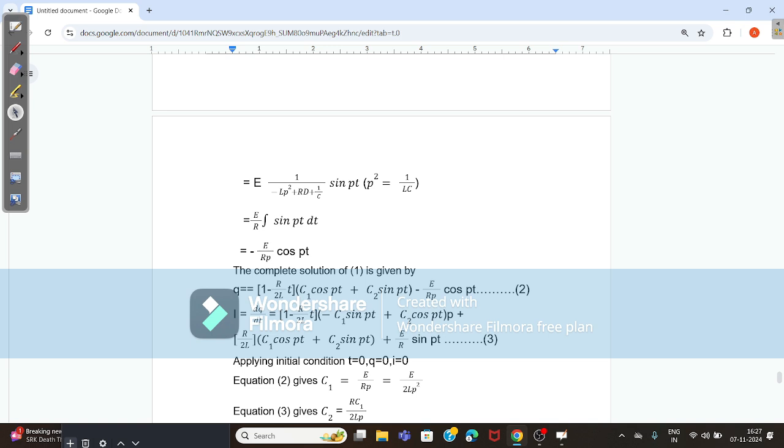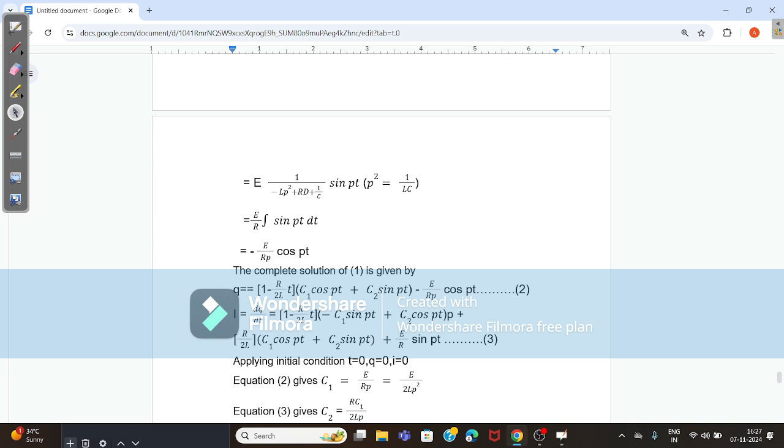So what is the value of I? I is equal to dq by dt, which is e power minus R by 2L into t times minus C1 sin pt plus C2 cos pt into p, plus R by 2L C1 cos pt plus C2 sin pt, plus E by R sin pt.